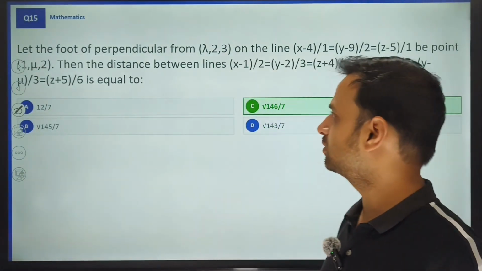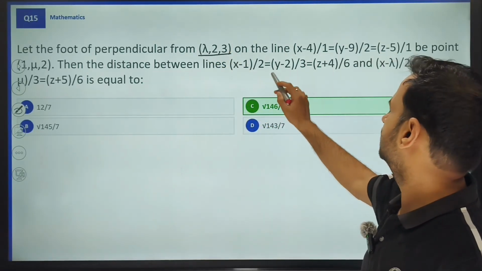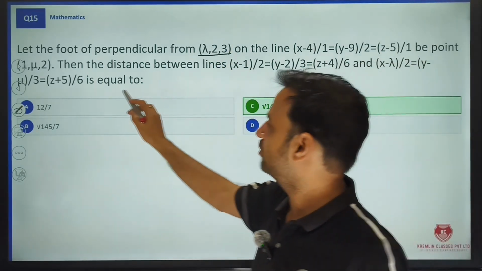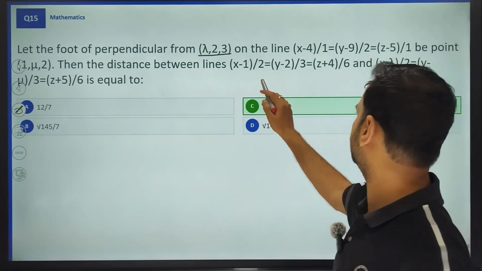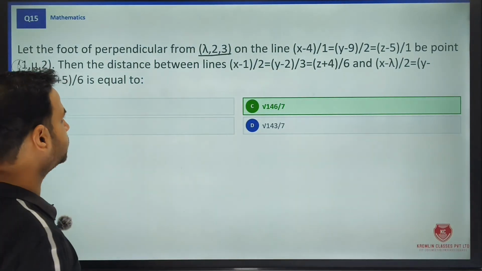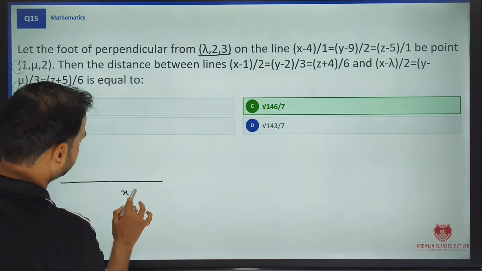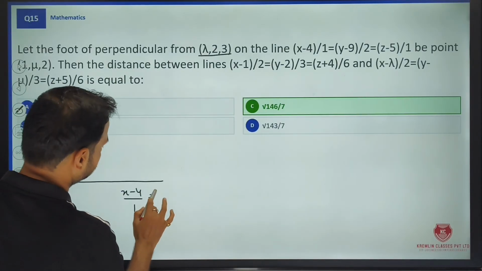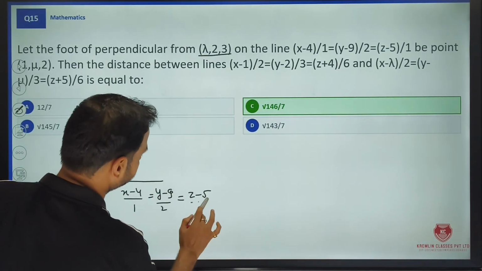Now this is question number 15. Let the foot of the perpendicular from lambda, 2, 3 on this line be the point 1, nu, 2. The distance between this line and this point is equal to what we have to find. So we first have to understand the given situation. The line is given by x minus 4 upon 1 equals y minus 9 upon 2 equals z minus 5 upon 1.